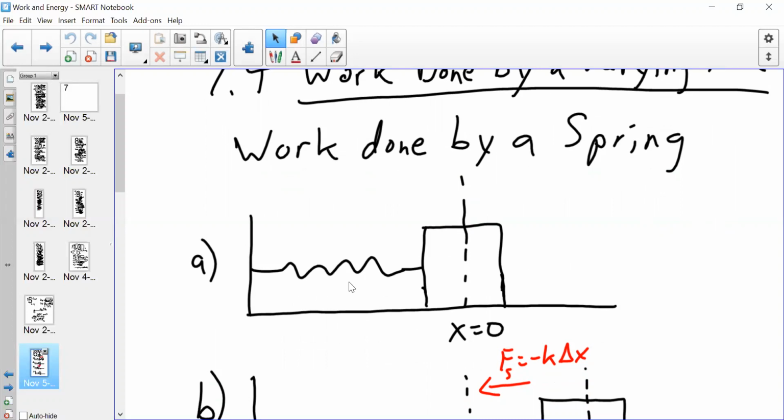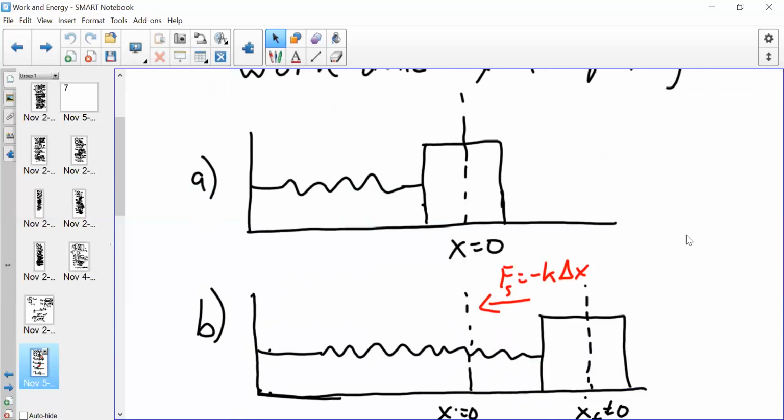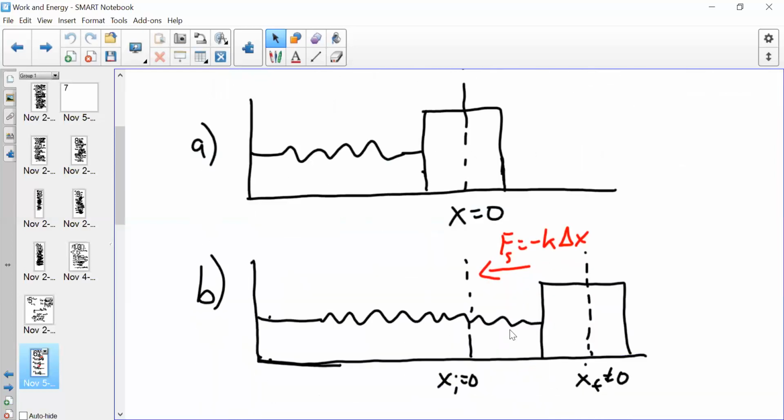So the spring is attached here, and then let's say we displace it to the right. Well, when we displace it to the right, there is a sort of tension in this spring that wants to restore the mass back to balance, or back to its initial position.